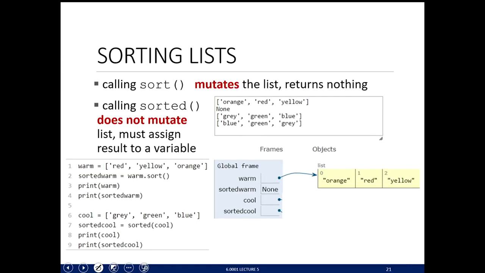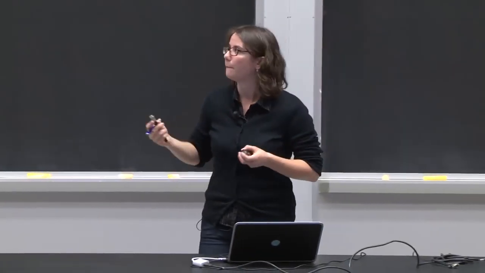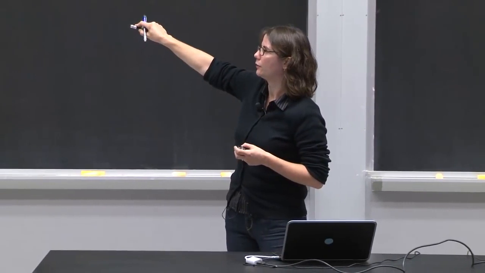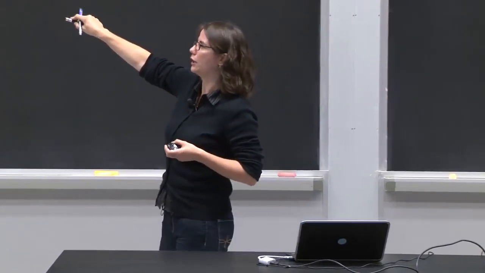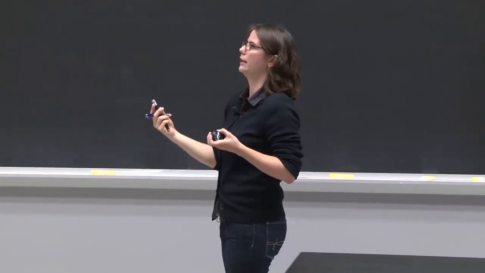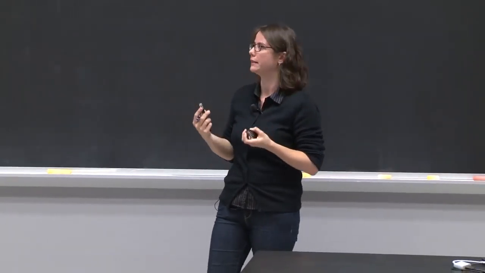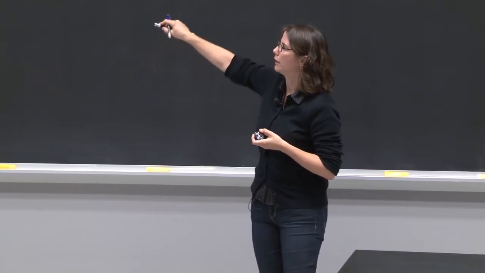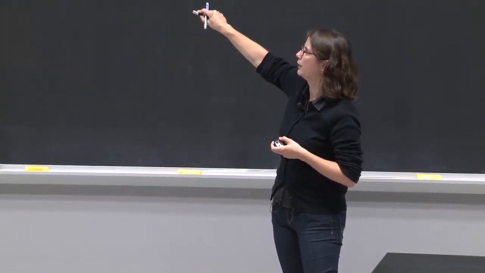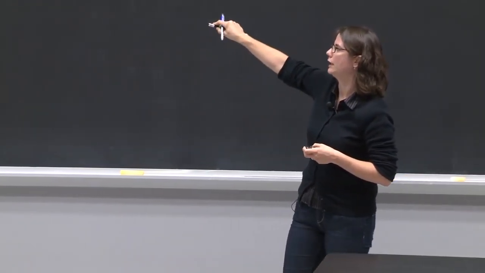So as soon as I do that, that list warm is now the sorted version of it. And notice that I've assigned the return of this to sorted warm. And the return is None because L.sort or dot sort mutated the list. Right? It didn't return a sorted version of the list. It mutated the list itself. Okay. So when I print warm and I print sorted warm, I'm printing the mutated version and then this None here.